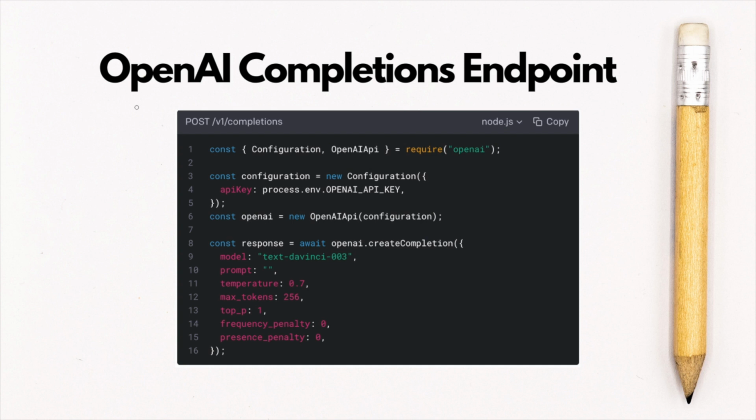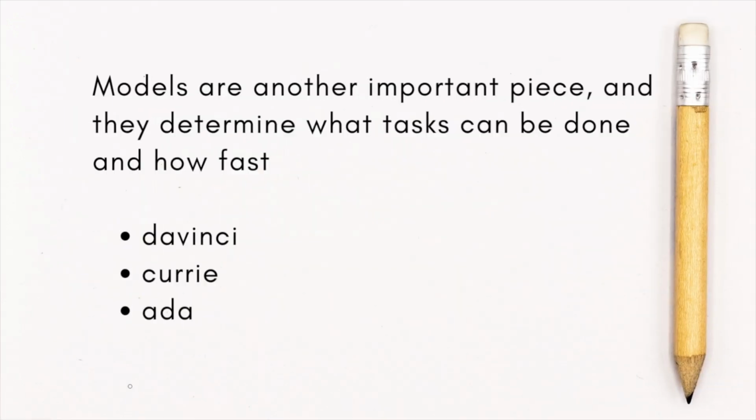But just know that there are other endpoints that do other things like fine-tuning the API model, adding edits, or doing what is known as embeddings. Well, for today, we're going to be focusing just strictly on the completion endpoint. So first off is the model. So you want to use a model.